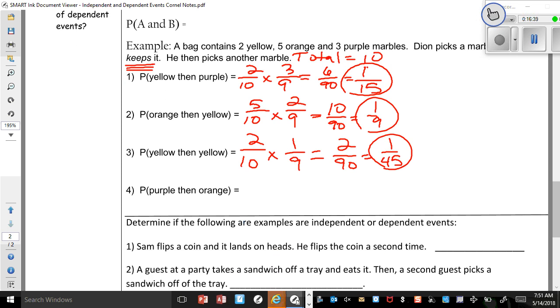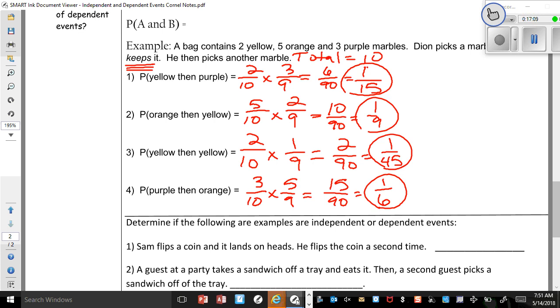All right, purple. 3 out of 10, then orange, 5 out of 9. It's going to give me 15 over 90. And Gabe, we already learned that 15 goes into 15 once, 15 goes into there 6, right? The other thing you have to do is determine whether it's independent or dependent.